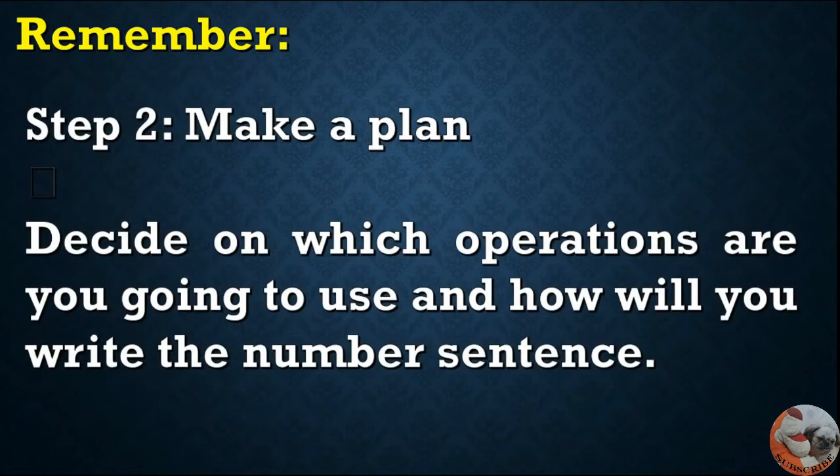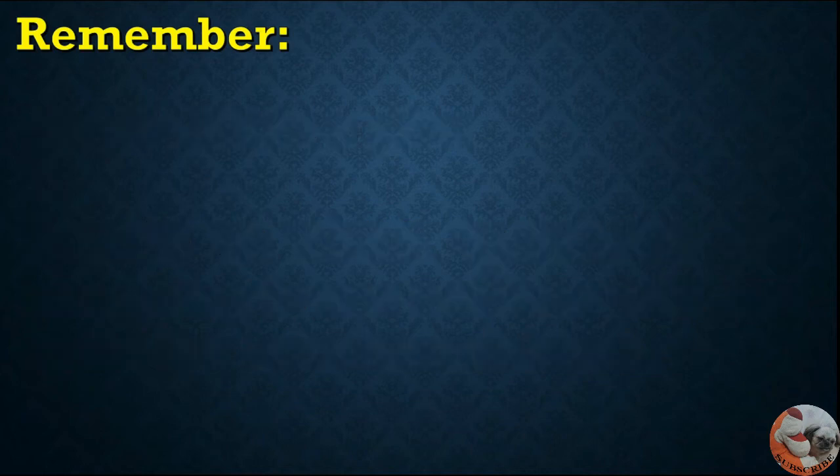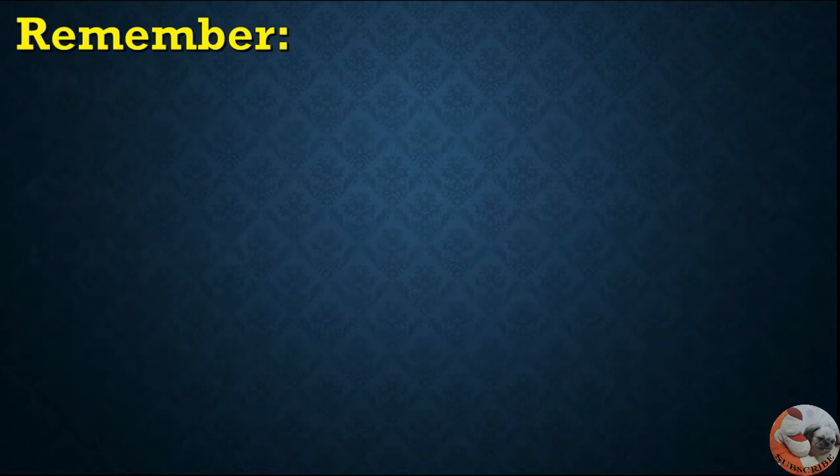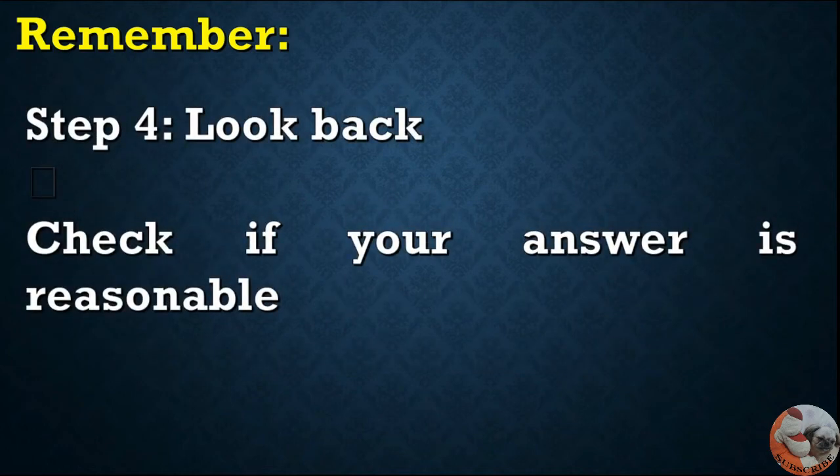Make a plan. Decide which operations you are going to use and how you will write the number sentence. Step 3. Carry out your plan. Write the solution to the problem to arrive at the correct answer. Affix the correct unit and label. Step 4. Look back. Check if your answer is reasonable.